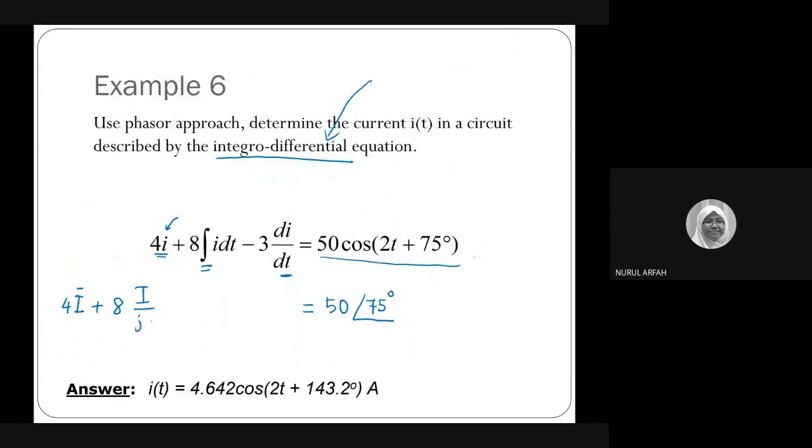But what is our omega? If you look at here, omega is 2 radians per second. Still remember, right? It is here, the 2 per second. So you can just replace the omega here with 2. And then minus 3 di dt.